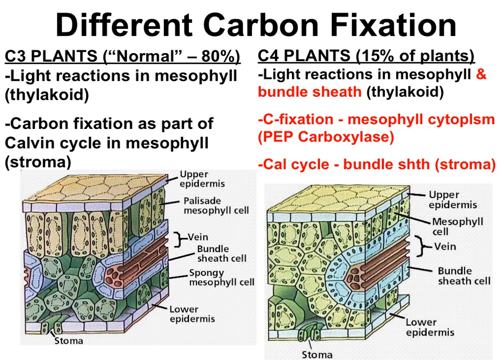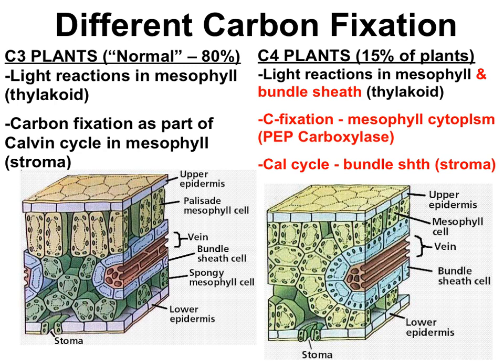Carbon fixation, however, happens in a different place. Mesophyll cells are still in charge of carbon fixation, but mesophyll cells fix carbon in their cytoplasm rather than their stroma. Carbon fixation doesn't happen with Rubisco, but it happens with the enzyme called PEP carboxylase.